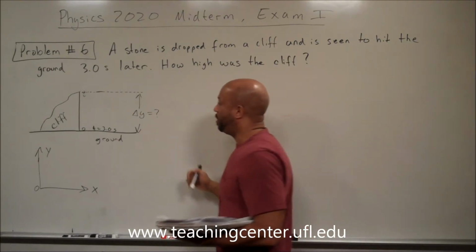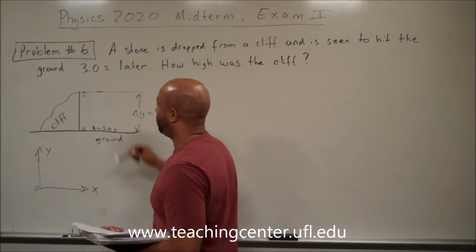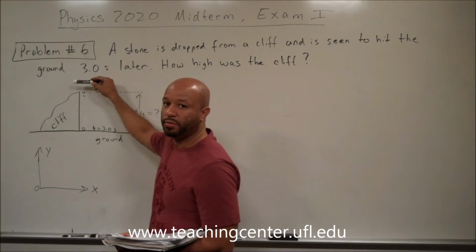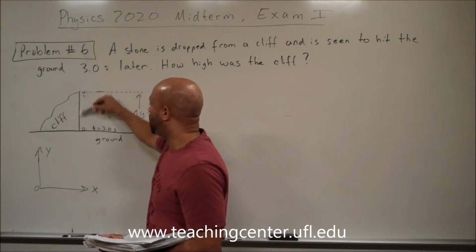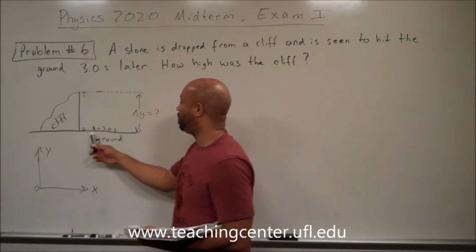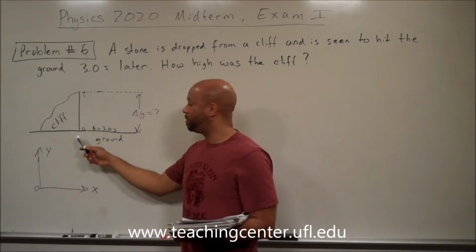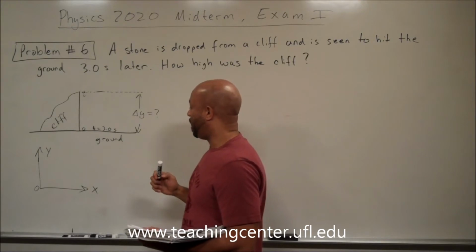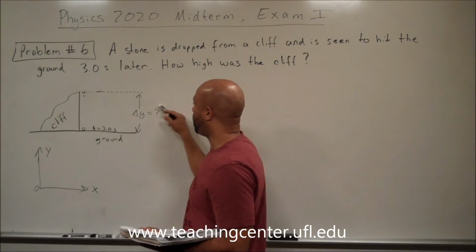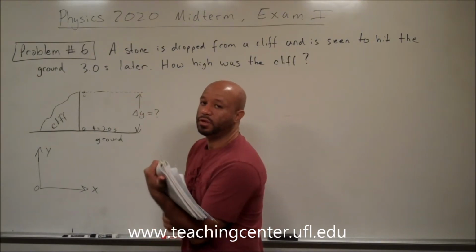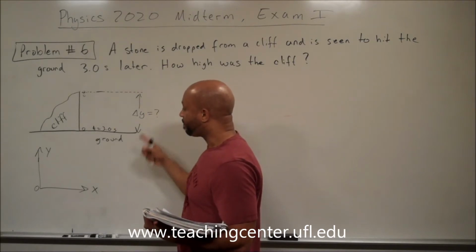We have this cliff, and a stone is dropped from some height down to the ground, and the time it takes to reach the ground is 3 seconds. We're trying to find the height of the cliff, which is delta y.